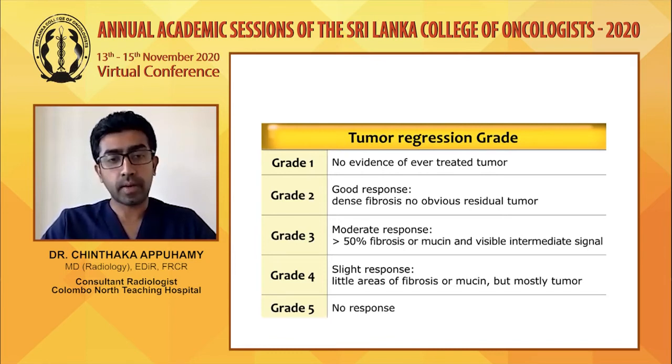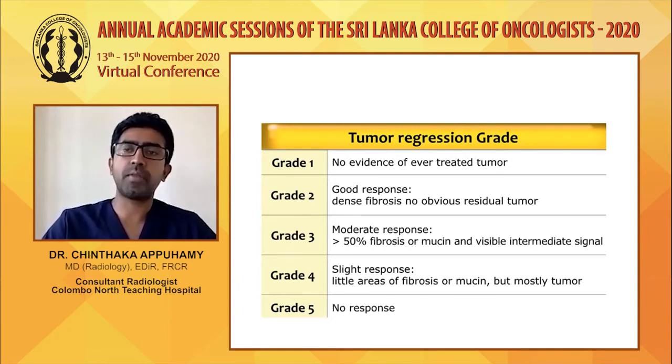We call grade 4 when there is slight response, that is little areas of fibrosis or mucin, but mostly tumor. Grade 5, no response, when there is no difference between pre and post-treatment imaging.